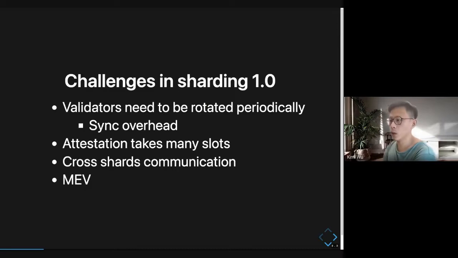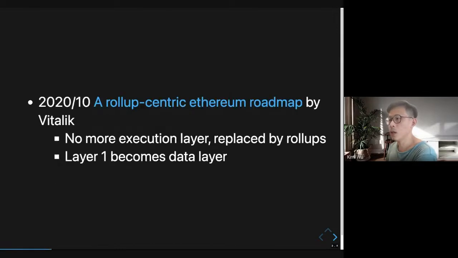So this hurts UX. And the last one is MEV. Because your data has been finalized in shard A, everyone knows the state in shard A, so it's easier to MEV this kind of situation because transactions are in different shards. So those are the challenges in the original design, sharding 1.0.